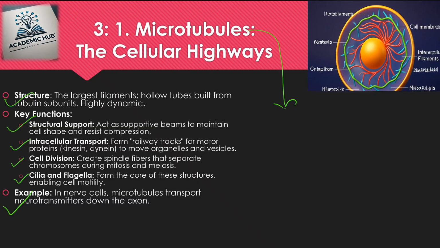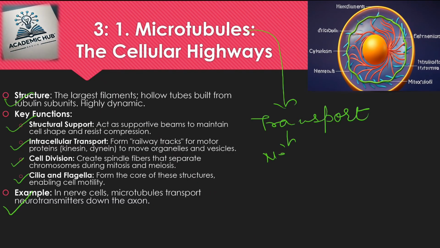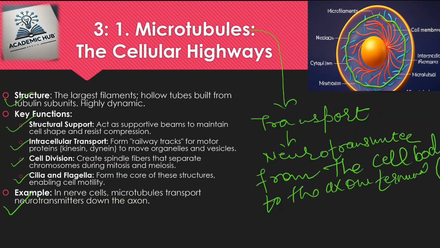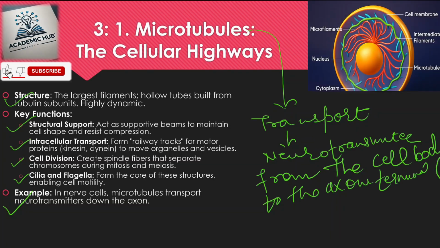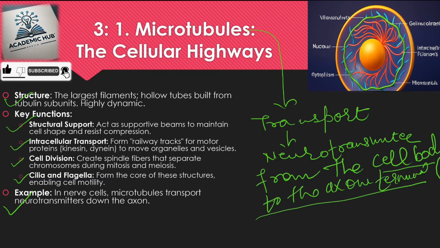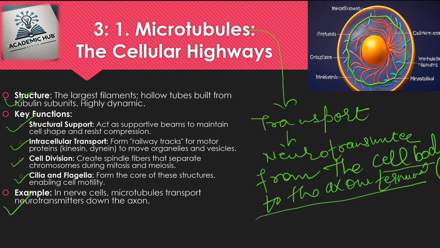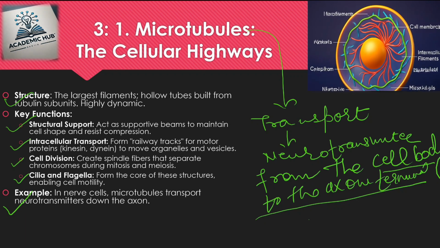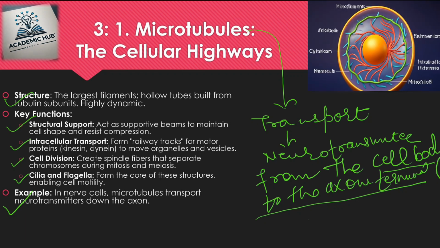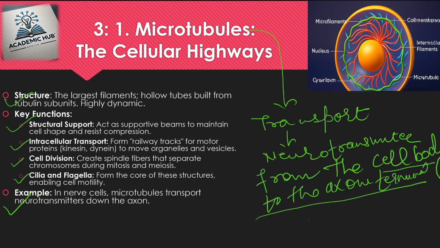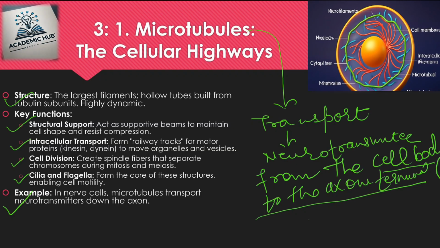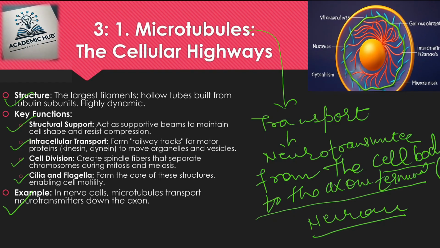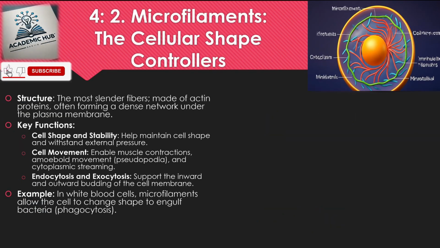Microtubules transport neurotransmitters from the cell body to the axon terminal, to reach distant parts of the body. This is essential for proper communication between neurons. So this is an example of how microtubules work inside neurons or nerve cells.